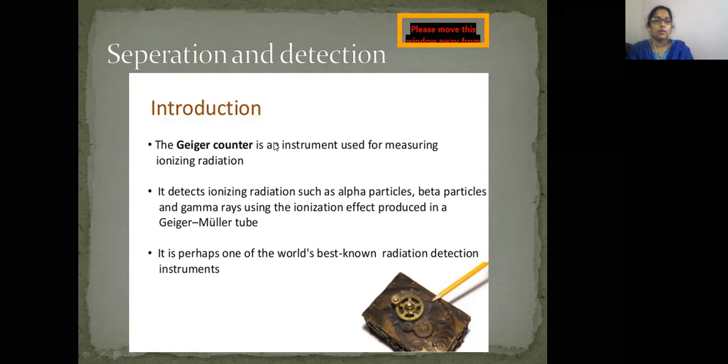You have to introduce them in such a way that the radio labeled compound which entered the plant is involved in the pathway and produces the radio labeled secondary metabolite along with the intermediates. So after the formation of secondary metabolites, the next step will be separation.